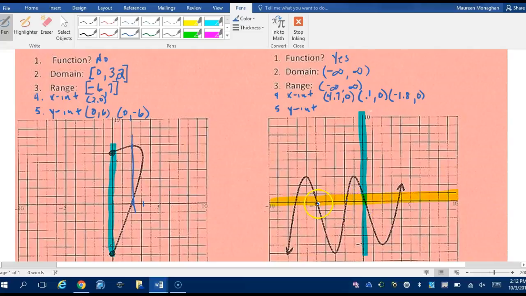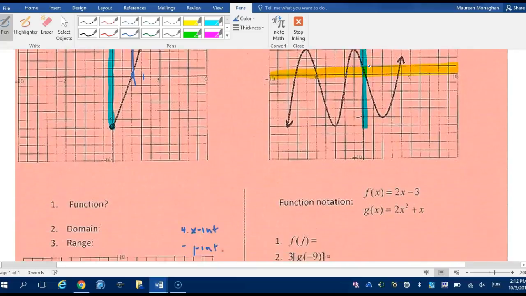I got that one, and I have this one, that's a -5.50, and one more, -7.2. And these are guesstimates. Just do the best you can. The y-intercept. Here's my origin, so we'll call it (0, 1).